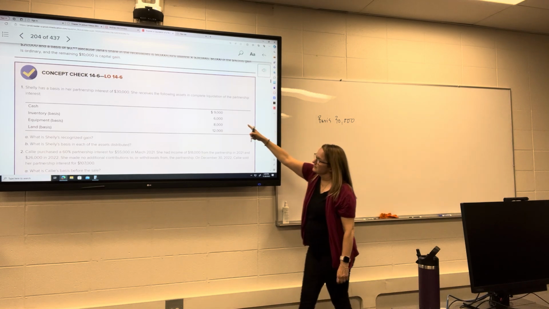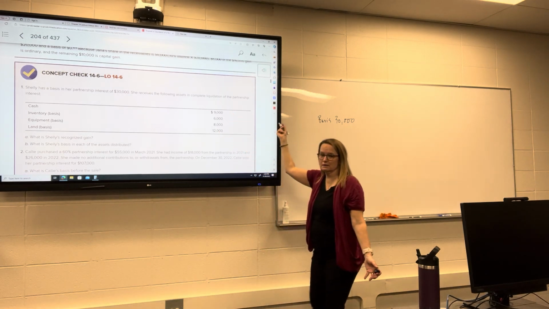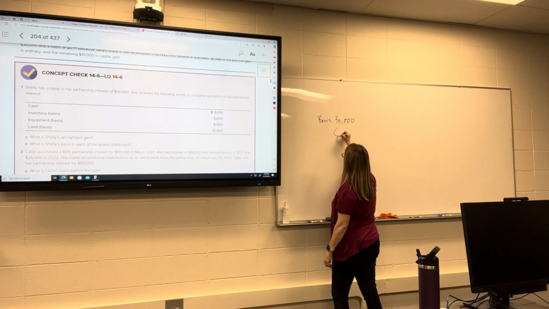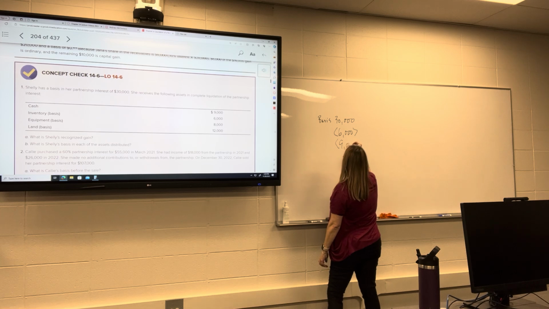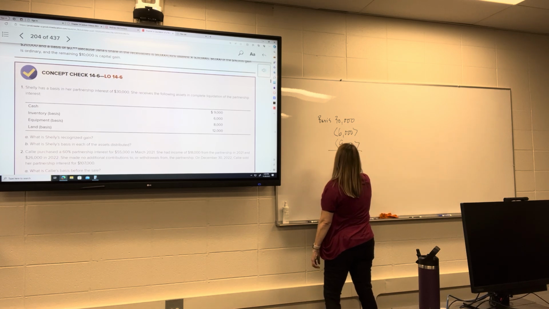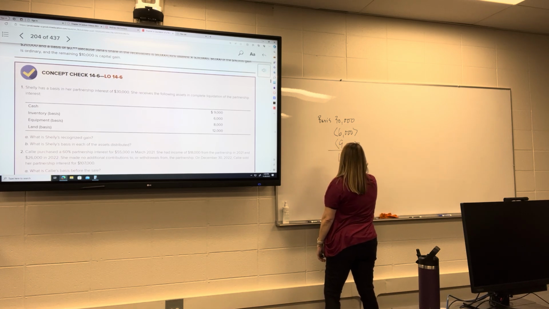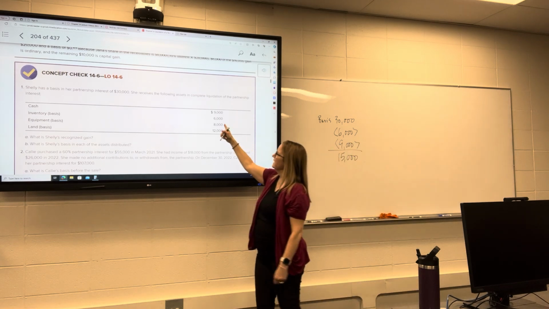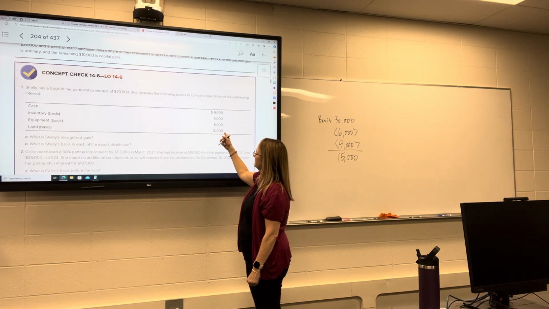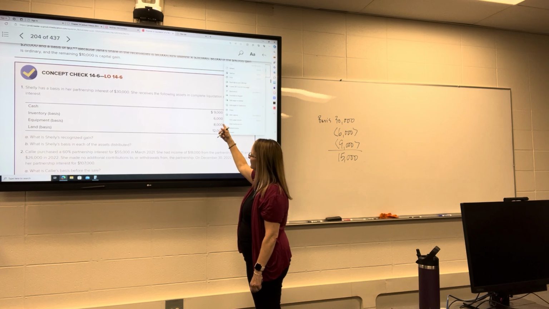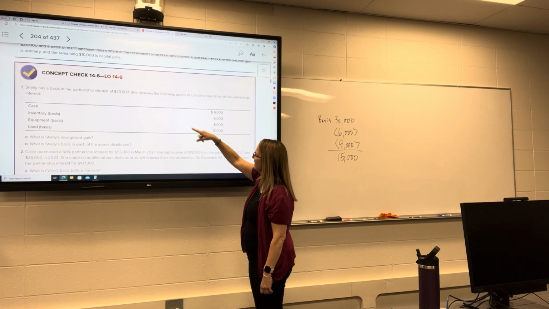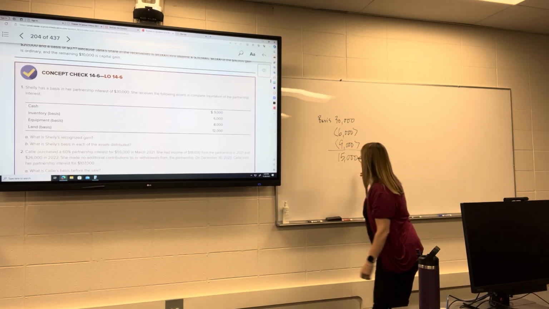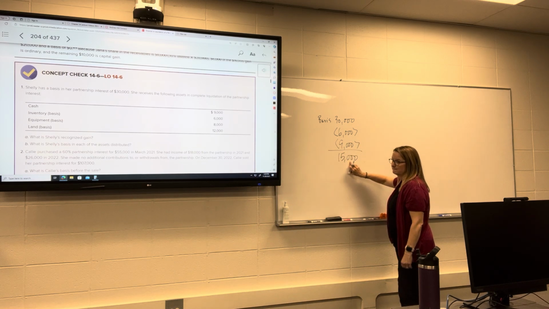So cash and inventory are going to be distributed at what they're worth. So we're left with $15,000, right? What we have remaining is 8,000 and 12,000. So we've got to figure out the proportion of each of these and then multiply it by the remaining basis. So the remaining basis is 15,000.